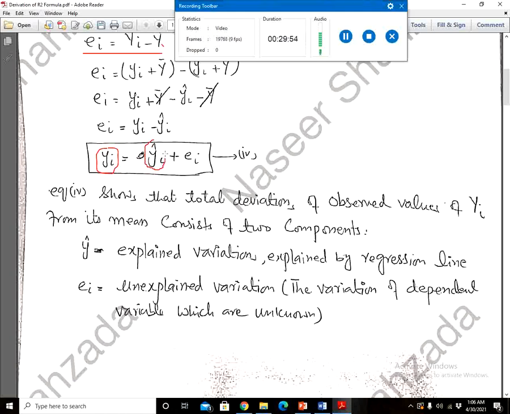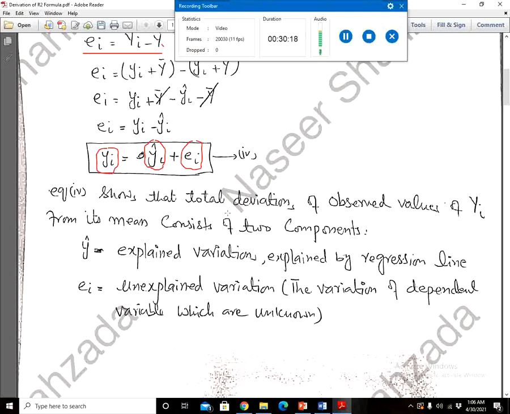This Y cap i is the variation in the dependent variable that is explained by our model, and this ei is the variation in the dependent variable that cannot be explained by the model.